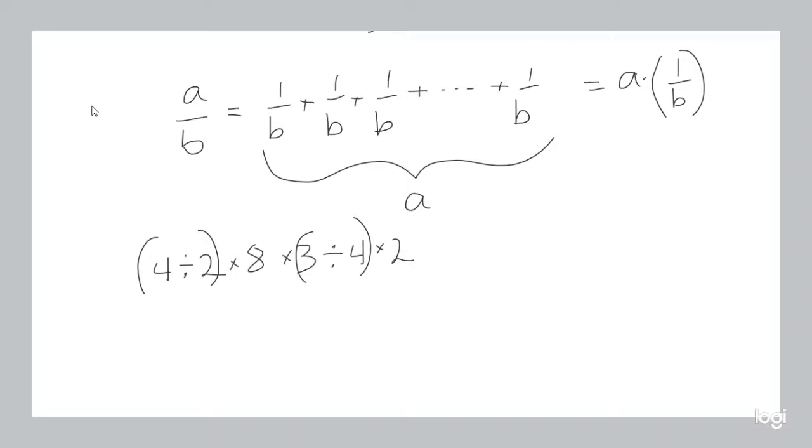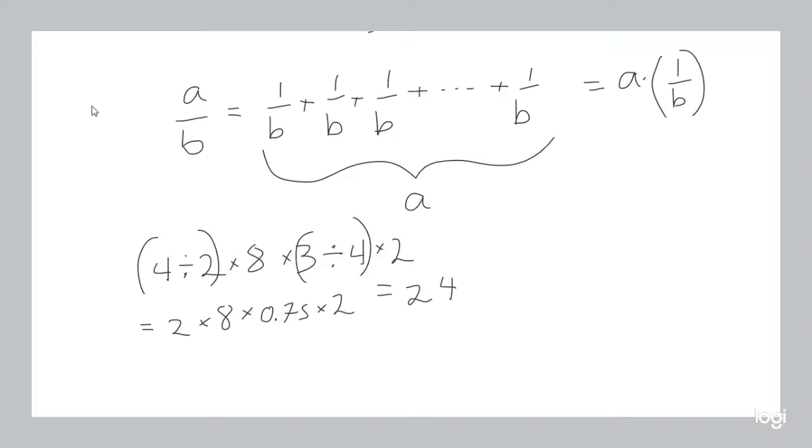Well, you have 4 divided by 2, which is 2, times 8, times 3 divided by 4, which is 0.75, times 2. And then we do this calculation. We have 2 times 8, which is 16, times 0.75, times 2, and we get 24 as our answer. Okay? Following the BEDMAS rules, dividing first.